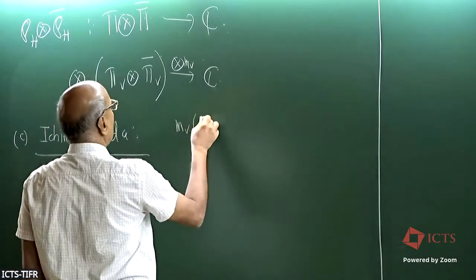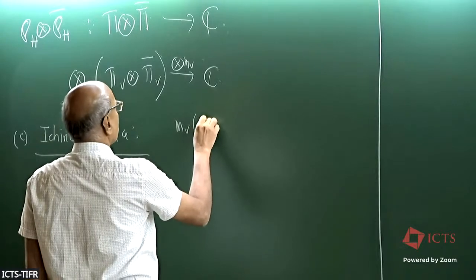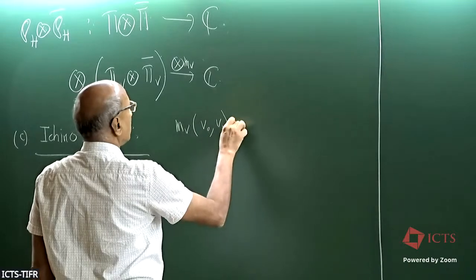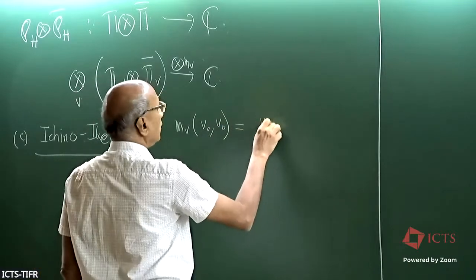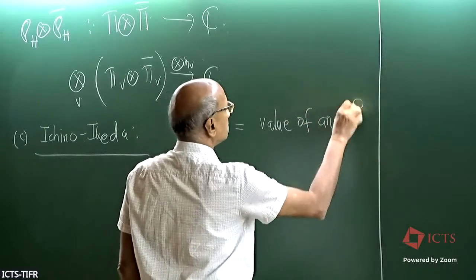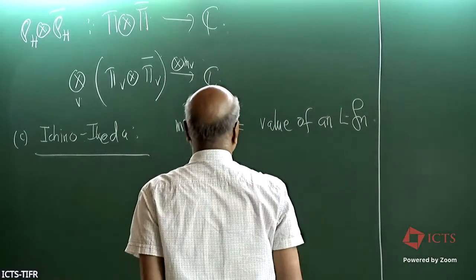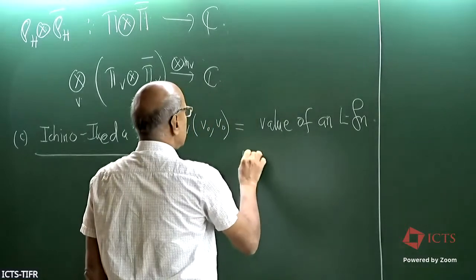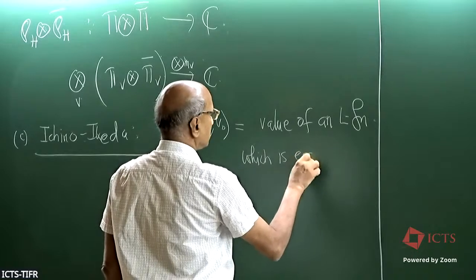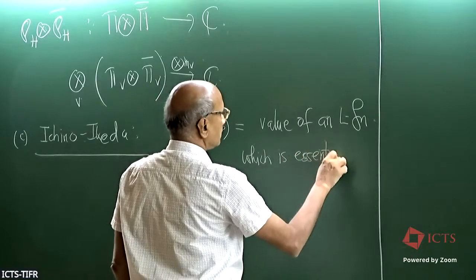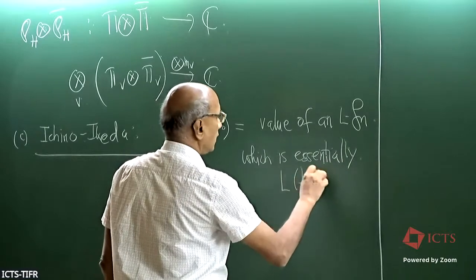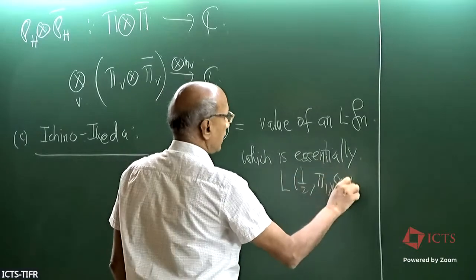MV at V0 comma V0 equals the value of an L function, which is essentially L half of pi 1v tensor pi 2v.